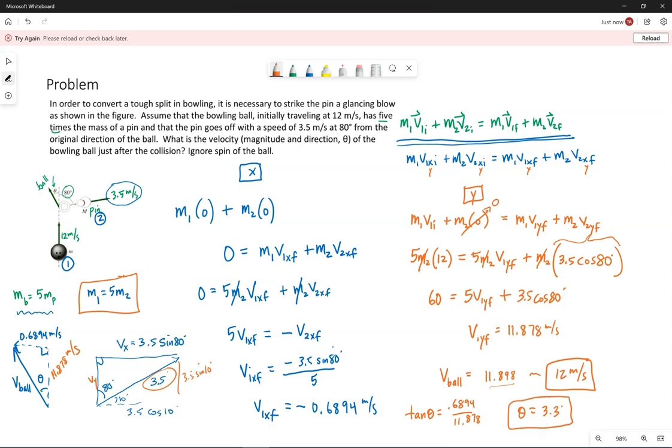So a very small angle. Now I'm leaving it as the 3.3 because they've drawn theta in the picture and asked for what theta is. So I'm saying theta, the angle they've drawn in the picture, is 3.3 degrees.